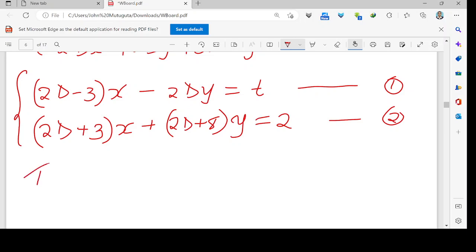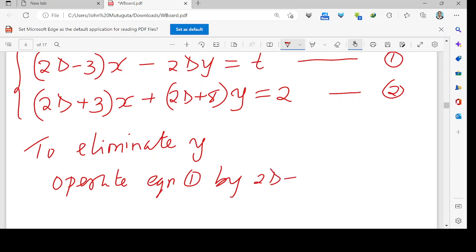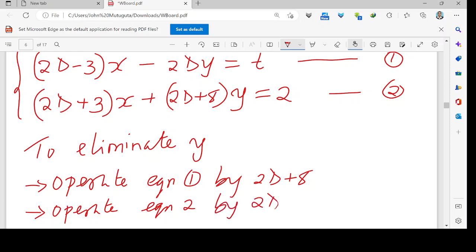So in this case, to eliminate y, we operate equation 1 by 2d plus 8, and then operate equation 2 by 2d. Then we shall add the two equations.